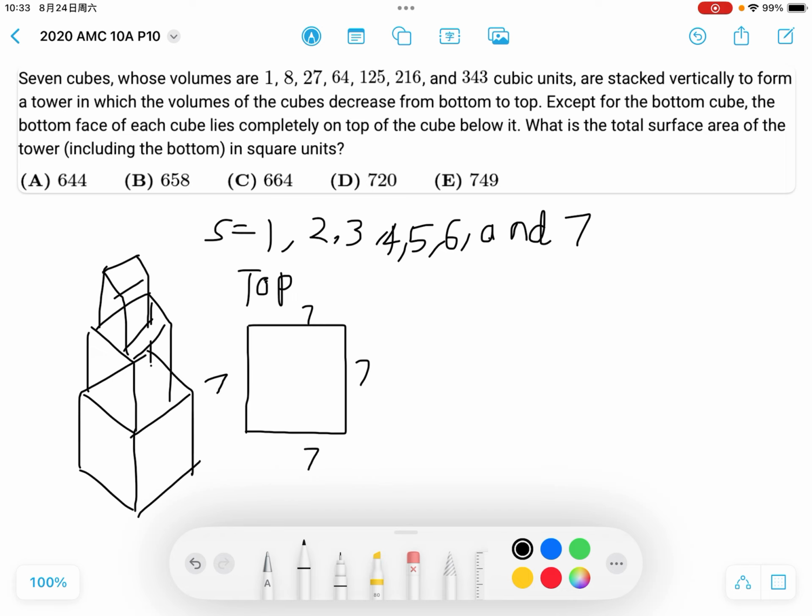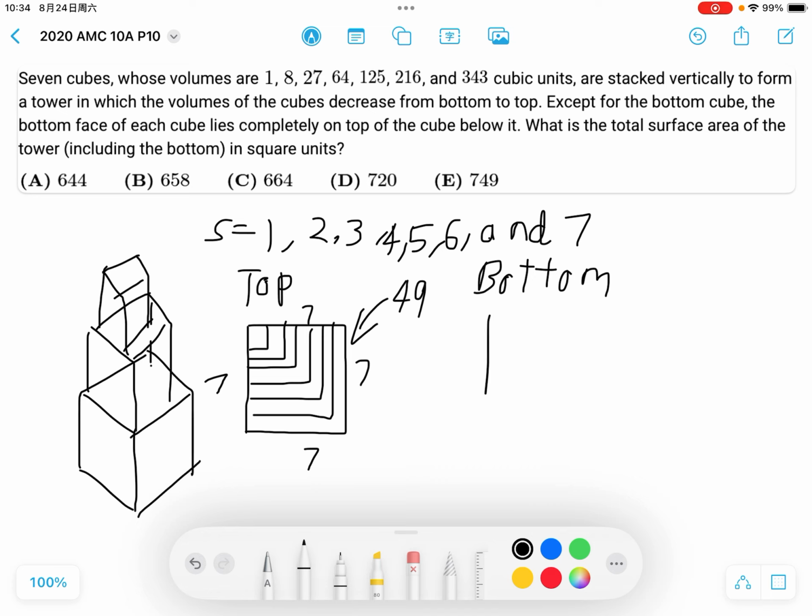Then you see a smaller square in there with side length 6, and then 5, 4, 3, 2, 1, like that. The area of this large square is 49. That's actually part of the surface area, because all these squares in this diagram are part of the surface area.